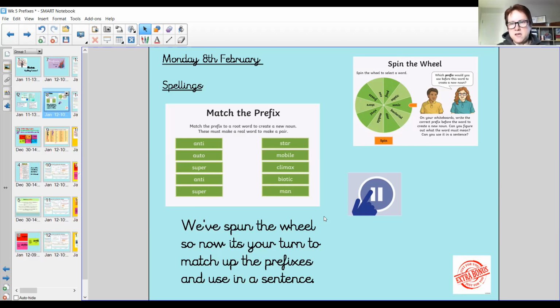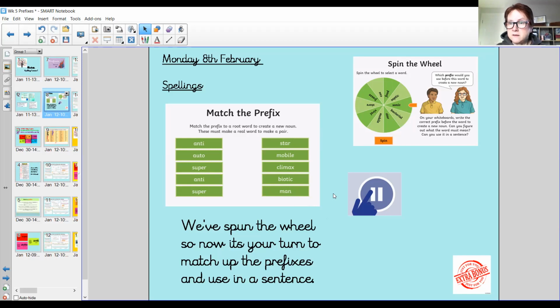If you're not sure what it means, you can check on Google. If you've got a dictionary, you can have a look to see what it means so that you can use that sentence in the right way. So pause the video now, and then you can do your spelling work for today.